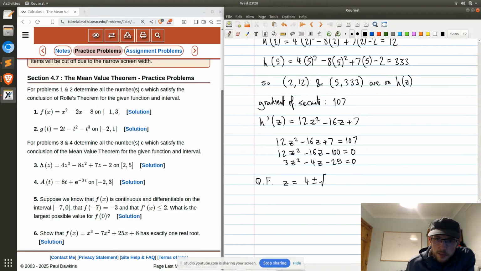Okay, but that's fine. Don't expect them to be factorable. Plus or minus b squared, so that's 16, right, root 316, which is 2 root 79. Two plus or minus root 79 over 3.